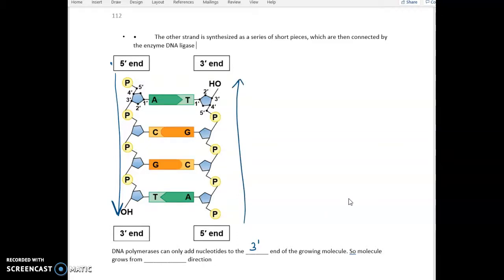So if you can only add onto the 3' end, you can only add to this end, and you can only add to this end over here. So the molecule grows in the 5' to the 3' direction. You can only add to the 3'.